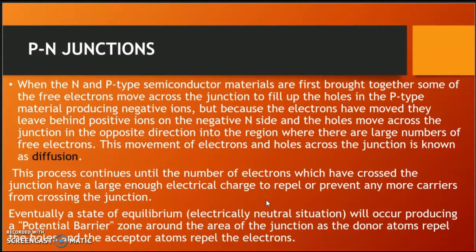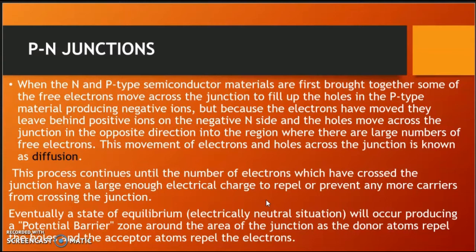What do I mean by that? Whenever a P and N type semiconductor come together, the free electrons will move to the P type looking for holes to occupy, while the excess holes in the P type will also cross to the N type looking for electrons to fill them.